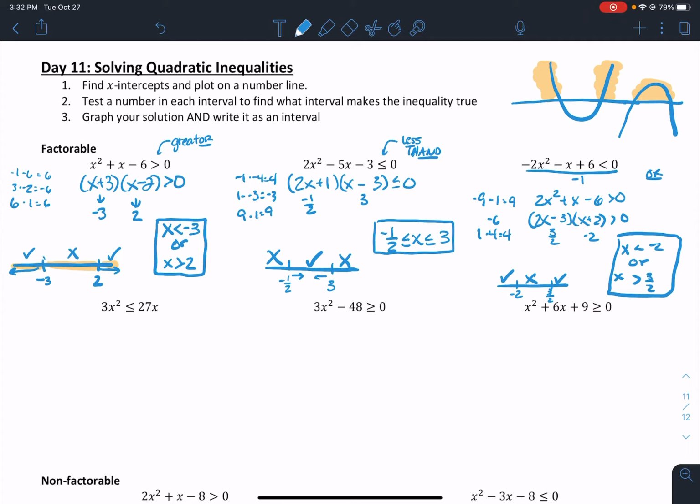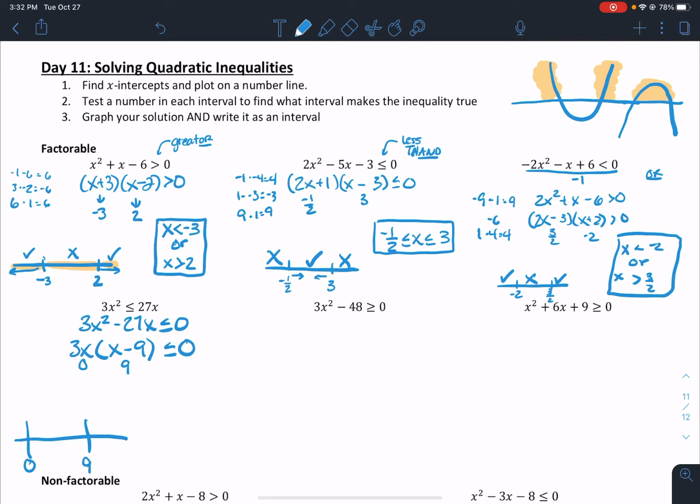3x squared is less than or equal to 27x. We need an x-intercept, so we need it to be equal to 0. So 3x squared minus 27x is less than or equal to 0. I can take 3x out of both of these, and that'll leave me x minus 9 is less than or equal to 0. Therefore, my x-intercepts are 0 and 9. So I just have to test something in that range. I'll go ahead and test 1.